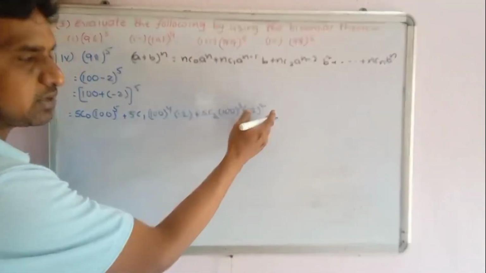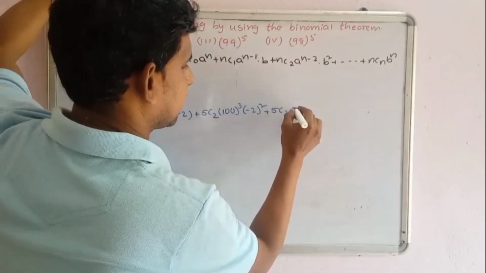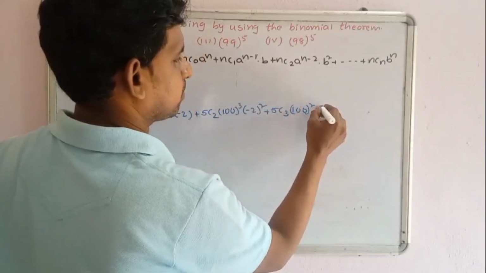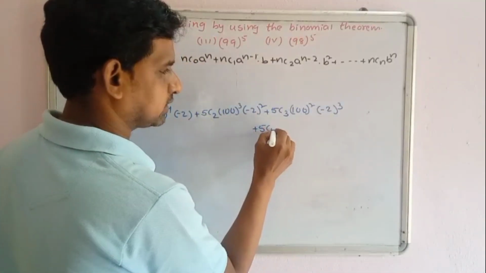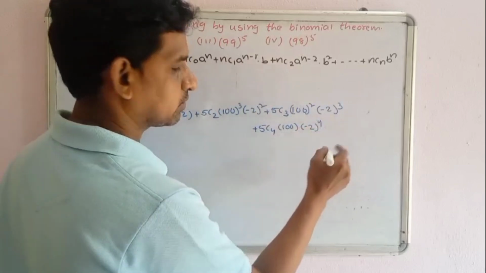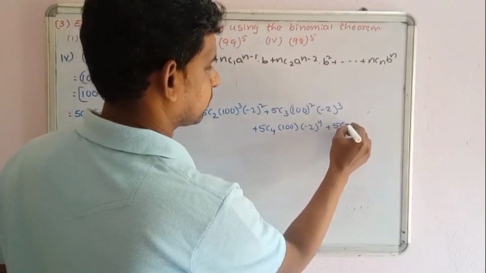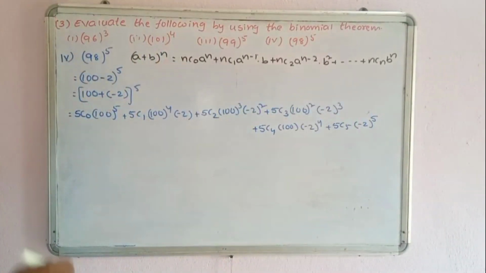One is increasing, the second one is decreasing. Plus 5c3, 100 power 2, minus 2 power 3, plus 5c4, 100 into minus 2 power 4, plus 5c5, minus 2 whole power 5.